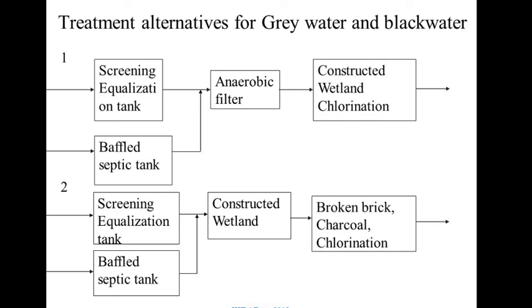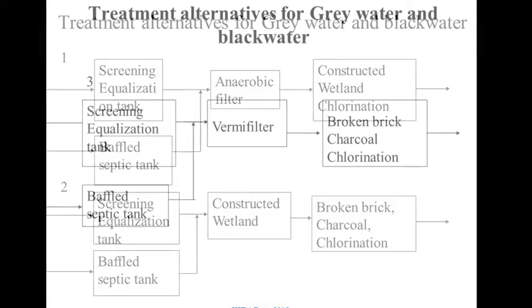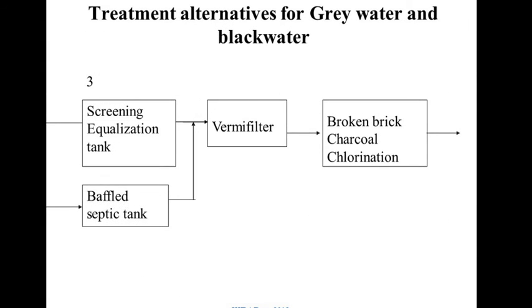Secondly, screening, equalization tank, septic tank, constructed wetland, broken brick charcoal filter, and chlorination. And third, for grey and black water, again the same screening, equalization tank, septic tank, worm filter, that is the earthworm filter, and finally you can treat with the broken brick or charcoal filter and chlorination, which is used to kill the bacteria.